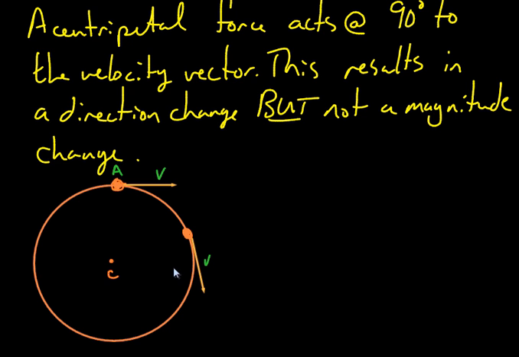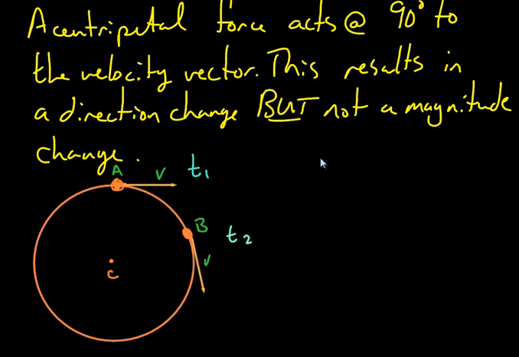So let's write in here that we've got t1 over here. Let's call this point B, at time 2. Between time 1 and time 2, we've had a change in velocity, not in the magnitude but in the direction. If we've had a change in velocity during a change in time, we must have had an acceleration.